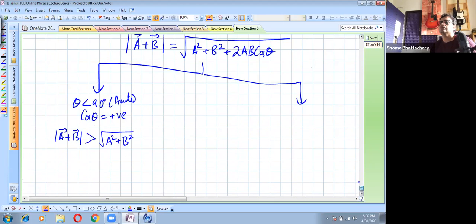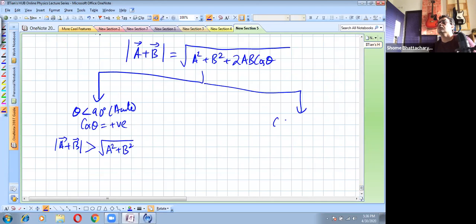Okay. So if theta is greater than 90 degrees, or what we call an obtuse angle, then cos theta, by now you know, is a negative quantity. For example, cos of 120 is minus half, cos of 150 is minus root 3 by 2, cos of 135 is minus 1 by root 2, like that.